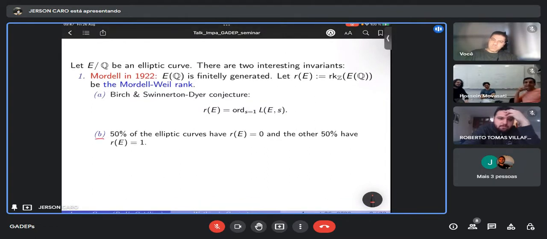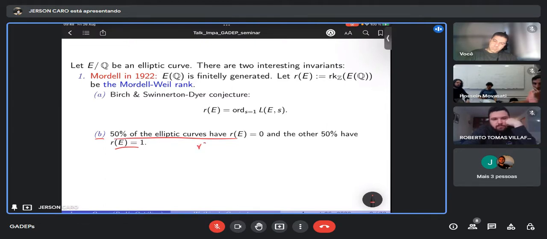The second important conjecture says that 50% of the elliptic curves have rank 0 and the other 50% have rank 1. And when I say 50%, I mean with density 1/2.